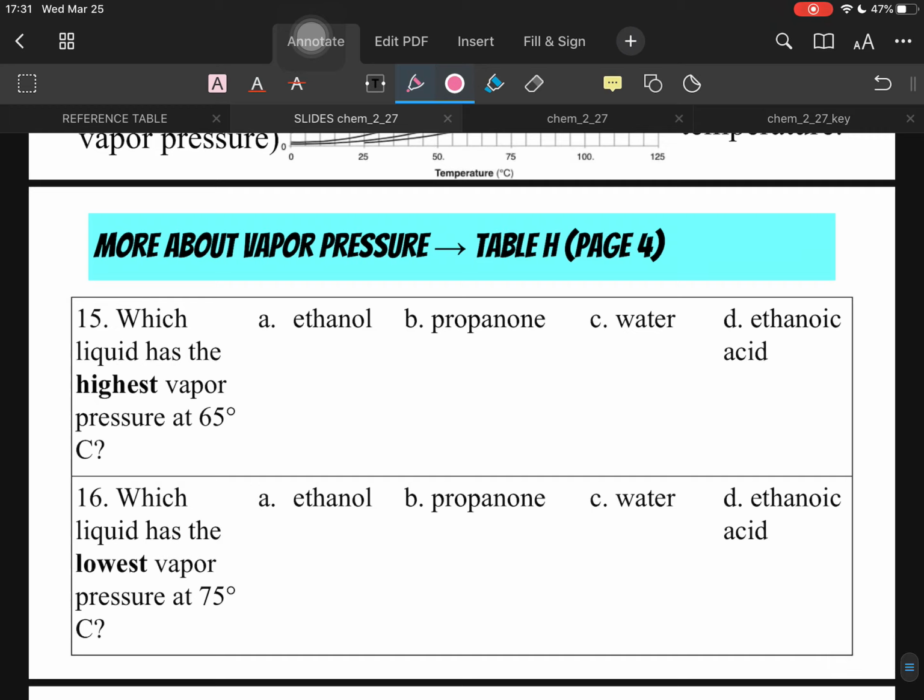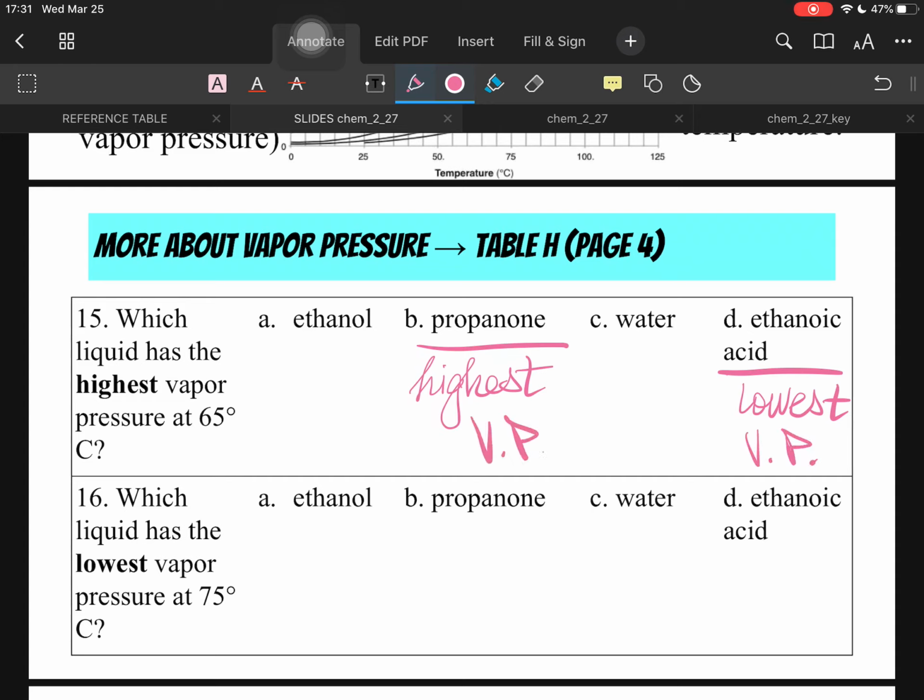Okay. And with these questions, it doesn't matter what the temperature is, propanone's going to have the highest. Ethanoic acid is going to have the lowest vapor pressure. But be careful if it's asking you about boiling point, right? Propanone would have the lowest boiling point, ethanoic would have the highest boiling point, so just make sure you're reading the question.